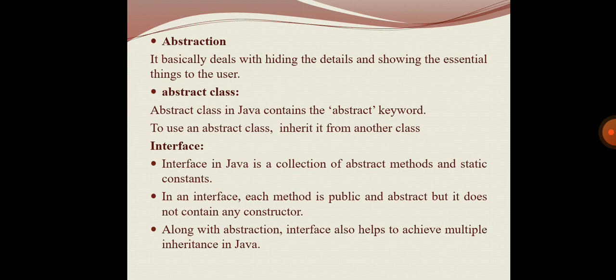Next is abstraction. Abstraction refers to the quality of dealing with ideas rather than details. It shows only the essential things to the user. We all know how to turn on the TV, but we don't know how it works in order to enjoy it.